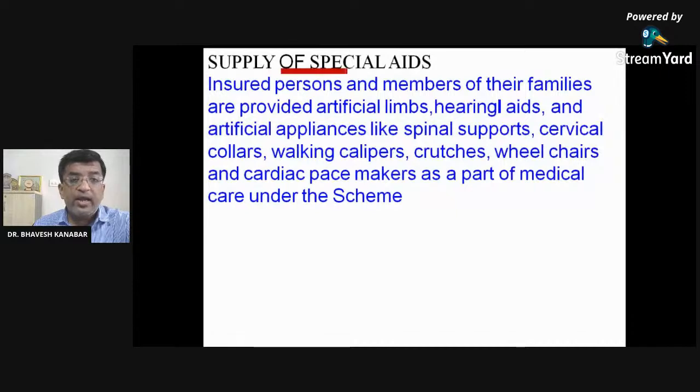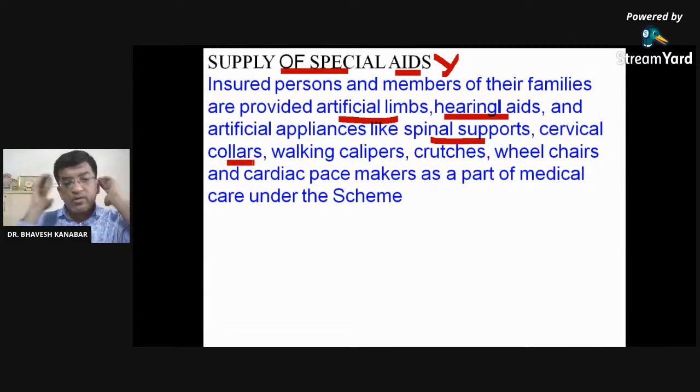Supply of special aids, right? This is not disease. Aids means equipment, right? So insured persons and members of the family are provided artificial limbs. This is an example of a special aid. The material which helps in day-to-day living in case of disability, like hearing aids, right? Artificial appliances like spinal supports, cervical collar, right?